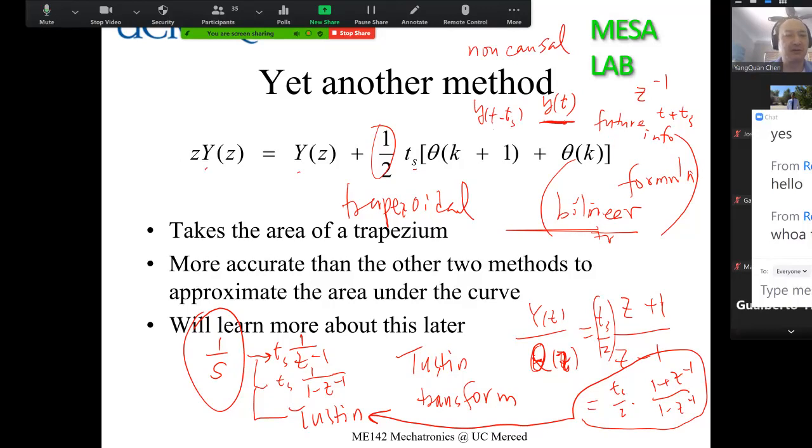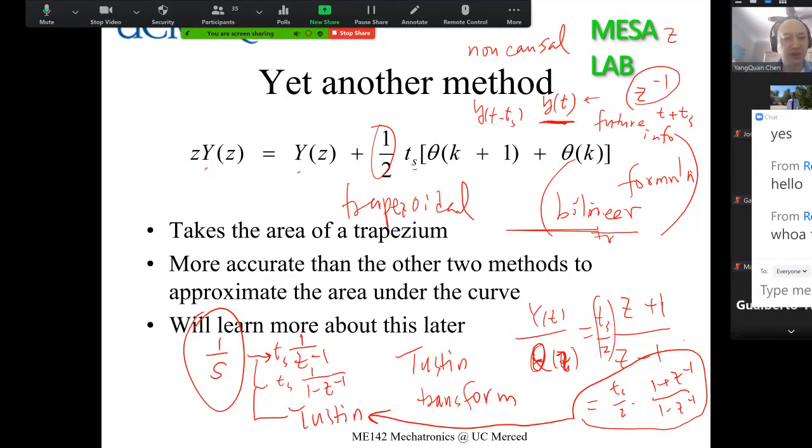So Z is non-causal. Z minus 1 is causal. Z minus 1 times the current signal gives previous information, so it's causal.